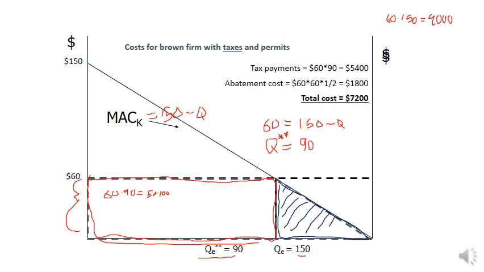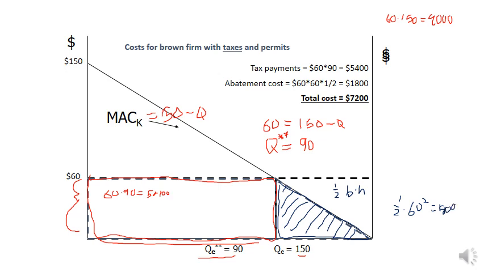So the formula for area of a triangle, 1/2 base times height. In this case, that height is again 60 for the per unit cost. And the base is also 60 because that's the total amount they're abating. So 1/2 60 squared, and that's $1,800.